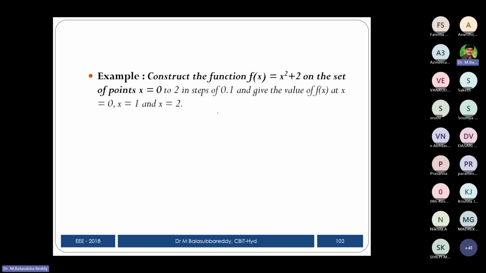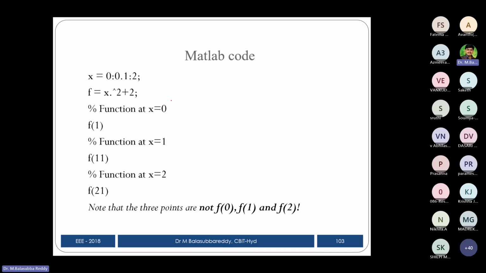In this case, you can also see f of x equals x square plus 2, and set a point x from 0 to 2 in steps of 0.1 and find f of x. At x equal to 0, x equal to 1, x equal to 2, if you want only these values, you can easily identify them.